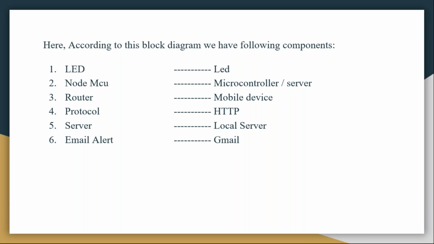If we want an email alert, then we will use Gmail to transmit the data to publish to my mail via a global IP. If we are using a local server, then we can't access Gmail.